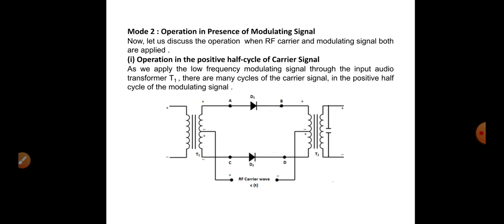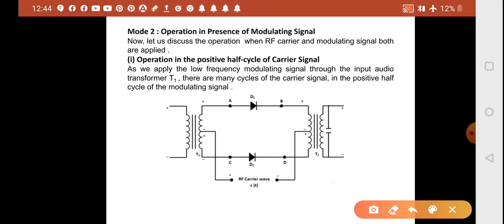In the positive half cycle, in the same way, D1 and D2 are forward biased and D3 and D4 are reverse biased. So the secondary of T1 is applied as it is across the primary of T2. From this you can see that whatever you apply, you get the output as positive m(t).